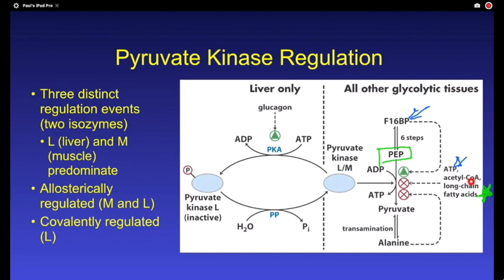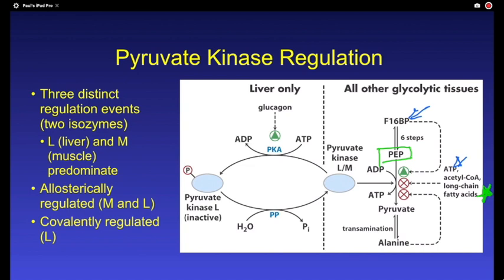Acetyl-CoA is also a breakdown product of fats, and so that's an indicator that fats are being used, and that slows it down. And then ultimately, alanine is one of the 20 amino acids. They could have chosen any one of them, but if alanine is there, it binds to this enzyme, meaning that mobilized amino acids are there to be broken down, and so it slows it down. So when I start getting protein and fats in the muscle, I start to conserve my glucose.